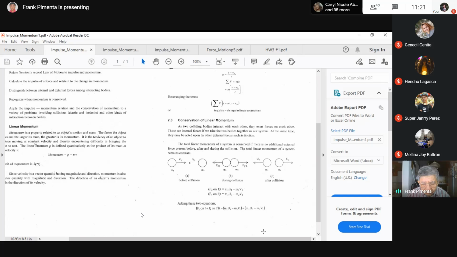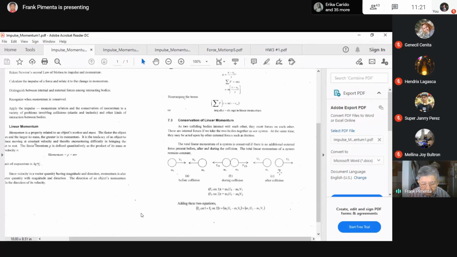So we have derived before, for the conservation of momentum, m1v1 plus m2v2 is equal to the momentum after the collision, m1u1 plus m2u2.